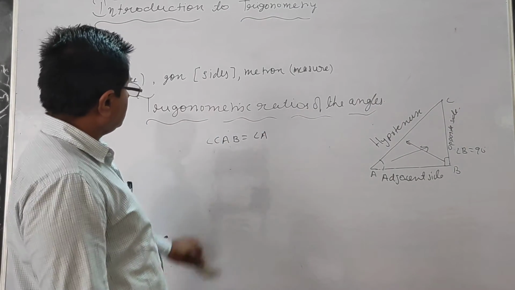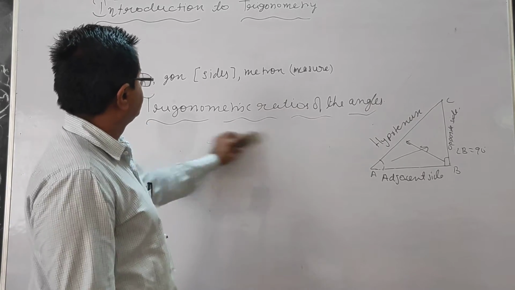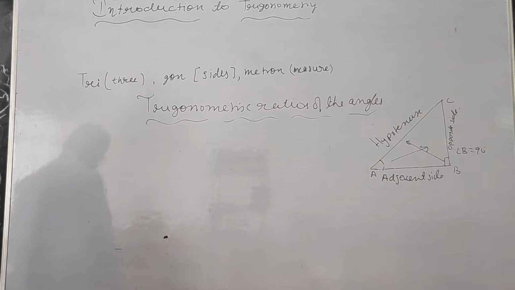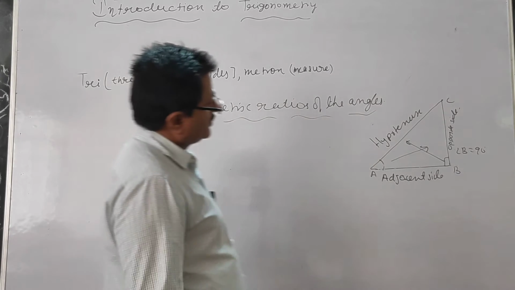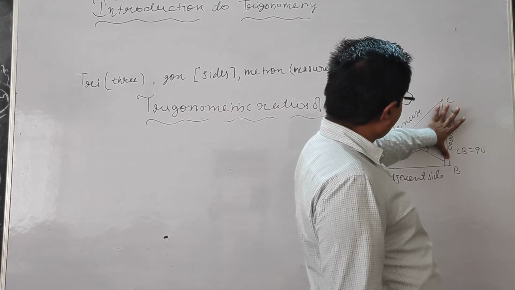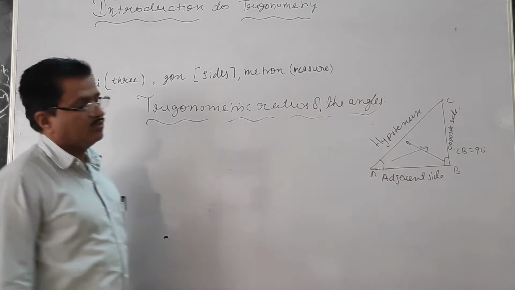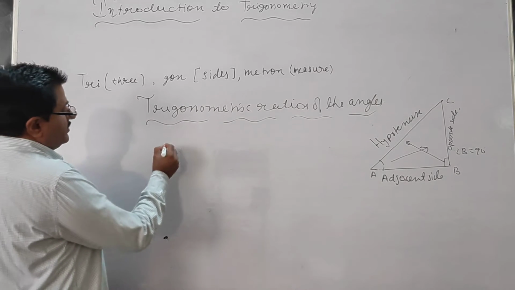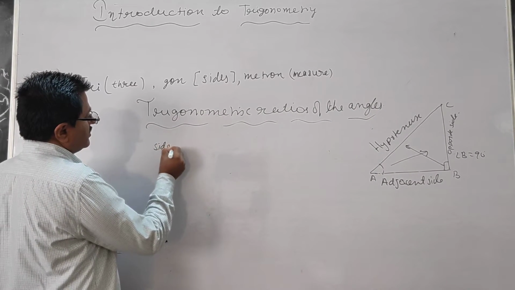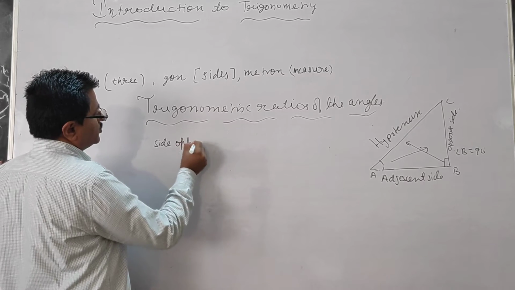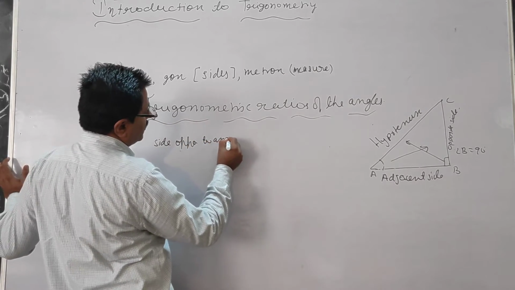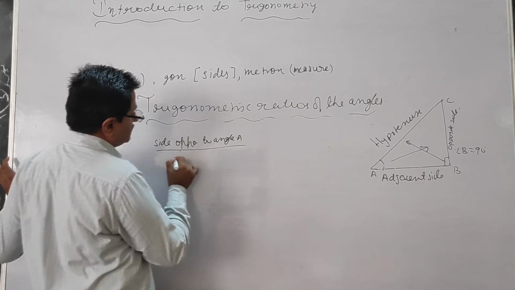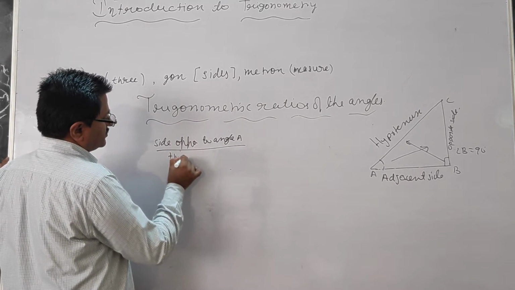Like, if we are taking the opposite side upon hypotenuse, that is, the side opposite to angle A upon hypotenuse.